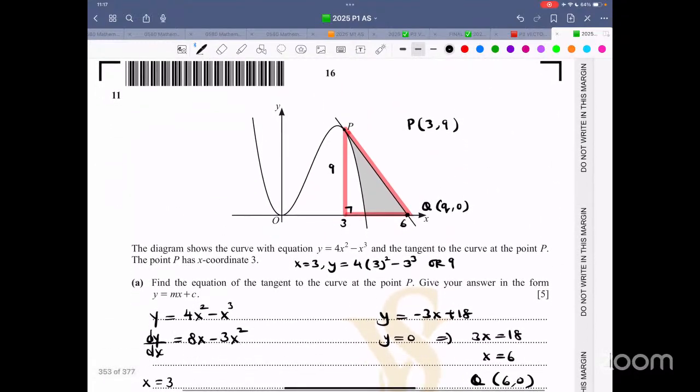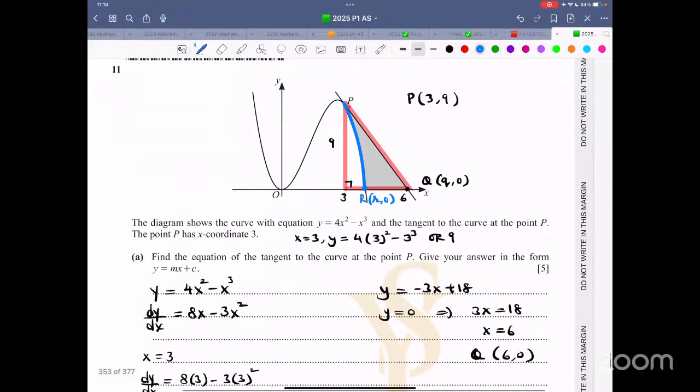What else is there? Area under the curve. So what do I need? I need this thing. So let me just darken this thing. Okay, so hold for a second. I need this coordinate. I don't know what it is, but of course I can find it. So let me call this point r, comma 0. The curve meets the x-axis, not the y-axis.